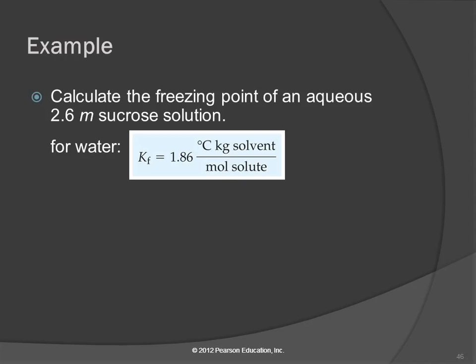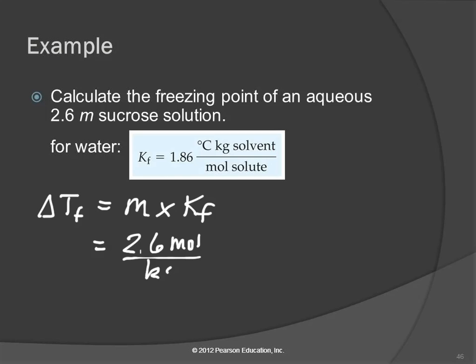So first let's do the equation way. The freezing point depression, delta Tf, equals the molality times Kf, right? So what's the molality? 2.6. Very nice that they gave it to us. 2.6 moles per kilogram, and then Kf is this guy right here, times 1.86 degrees Celsius kilograms per mole.